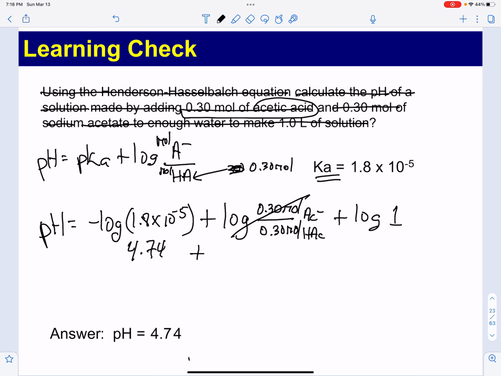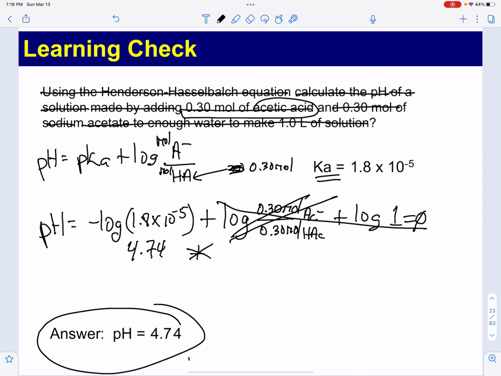Because it's the same on top and at the bottom. And the log of 1 equals 0. So this is just 0. So the pH is 4.74, given that the acid and the conjugate base were exactly the same amount. So there's no change. They neutralize each other.